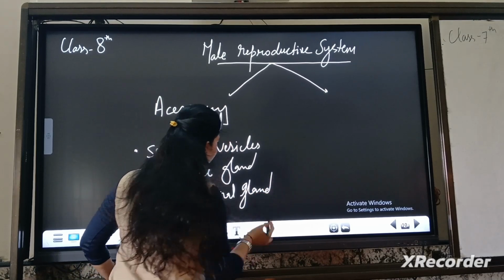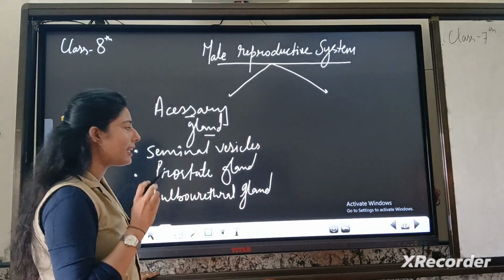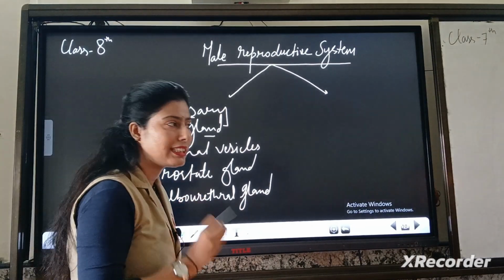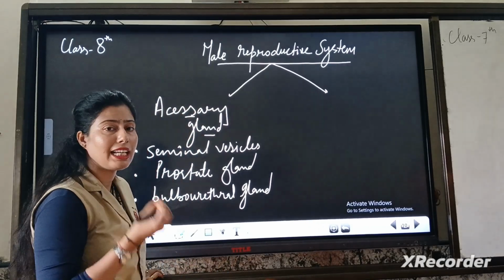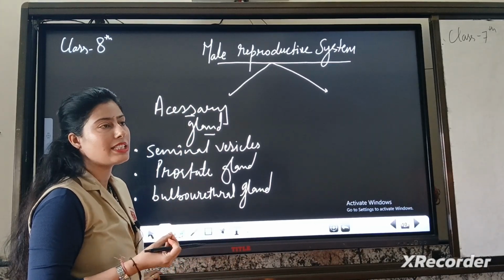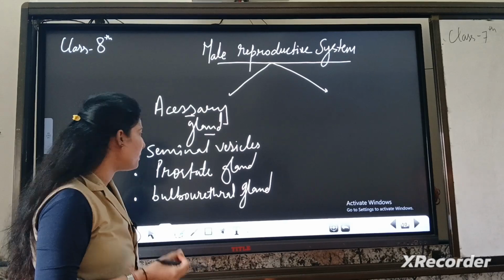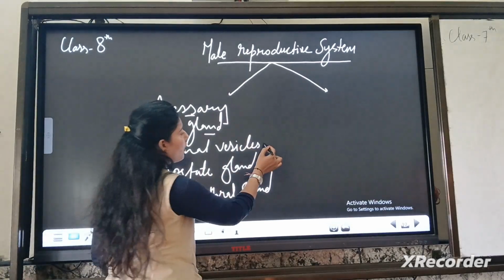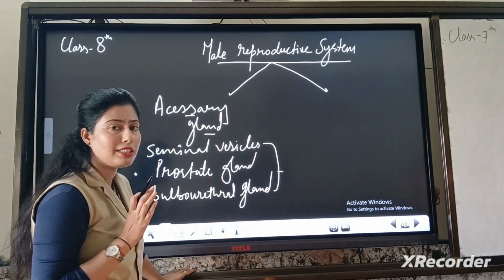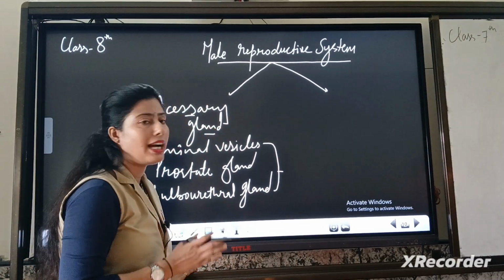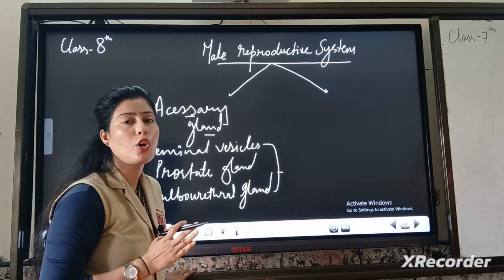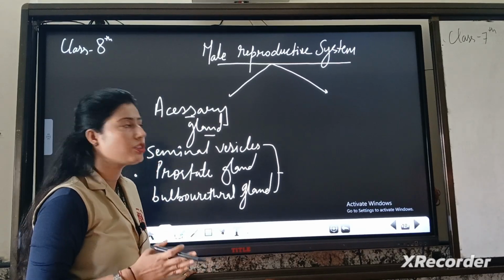gland. Okay, I have already explained to you that these glands are responsible for the formation of semen, and these glands release a nutrient substance for the growth, and we can say for the motility of sperm. The secretion from these glands collectively with sperm is known as semen, which is produced at the time of copulation, or we can say coitus.